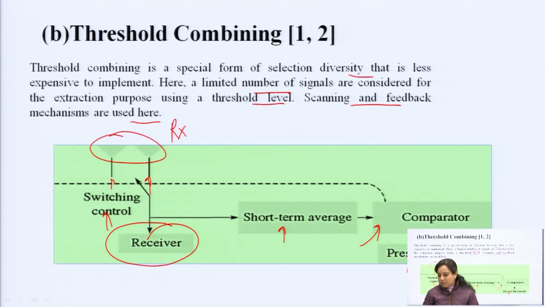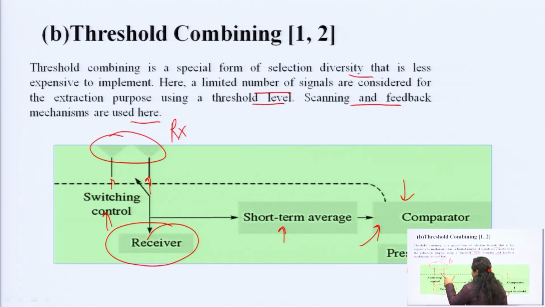Now, next one is the threshold combining, where a preset threshold value is used to consider which particular antenna has a maximum value compared to the threshold value. It is compared by this comparator and applied as feedback to switch between the gain antennas, like this is first antenna, this is second antenna.